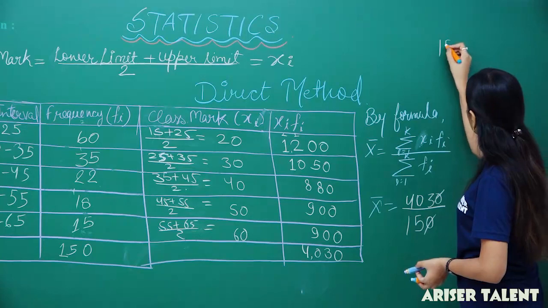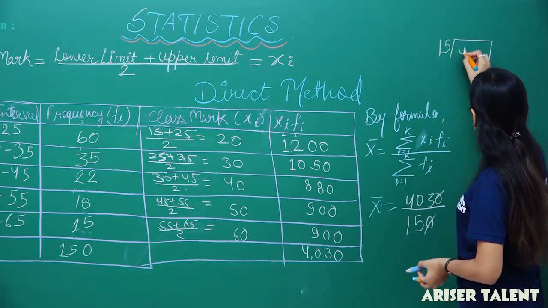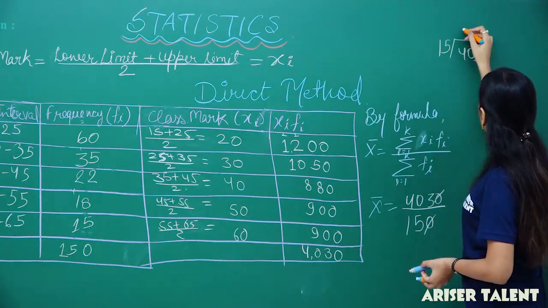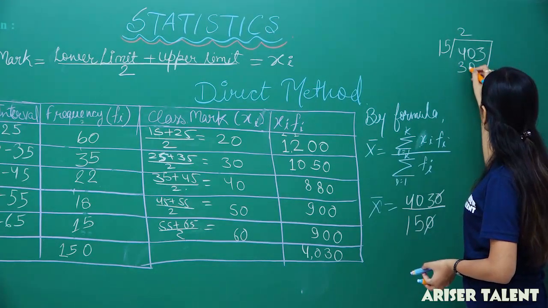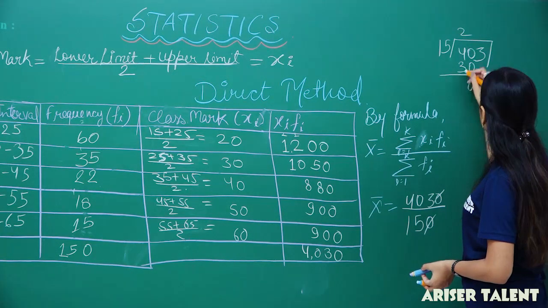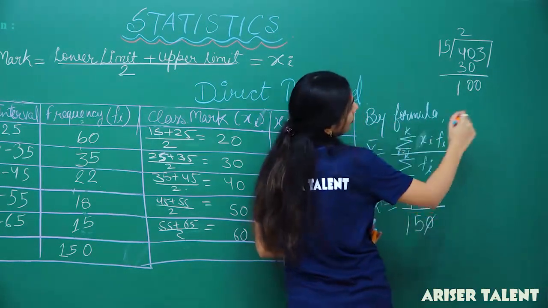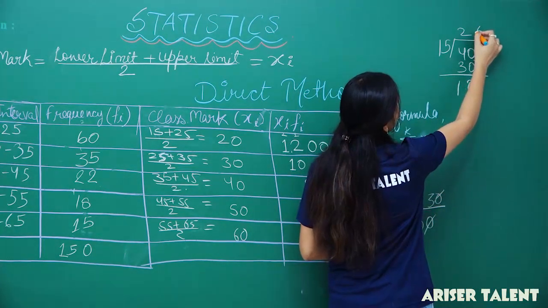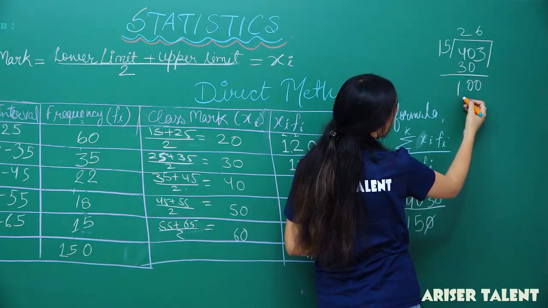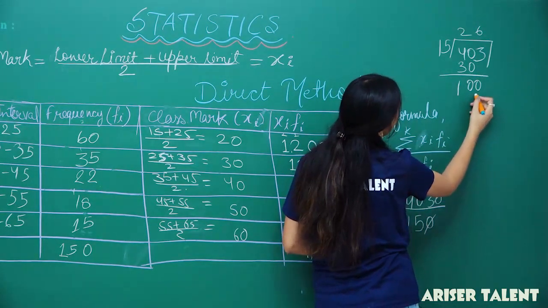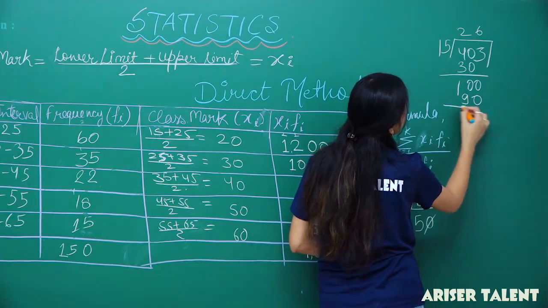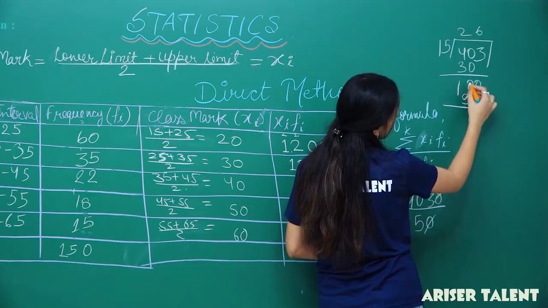Now if I talk about this 15 and then 403, so 2s are 30, 0 here, 1 here. 6 are 3, 9, 90, so 0 and 1.